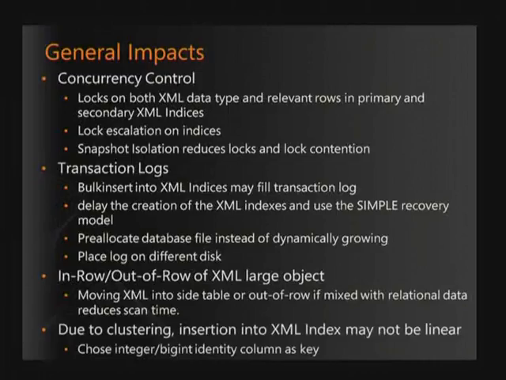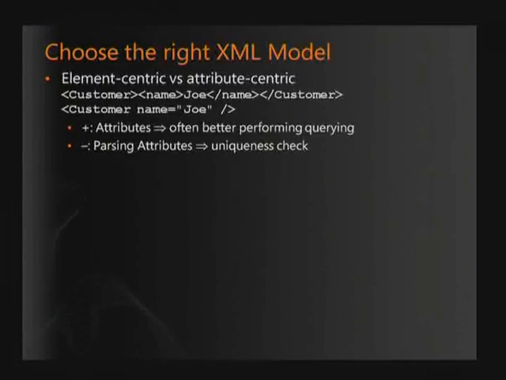So the recommendation here is to use an identity column that has automatically growing numbers, so that you have append-only behavior during your insertion, as a primary key, instead of some semantic key that potentially has an impact on the ordering. So this was a couple of the general recommendations.